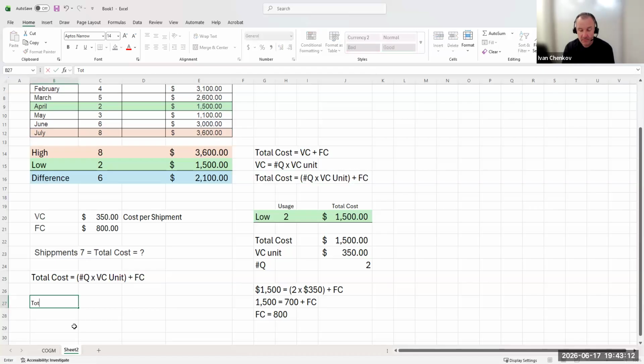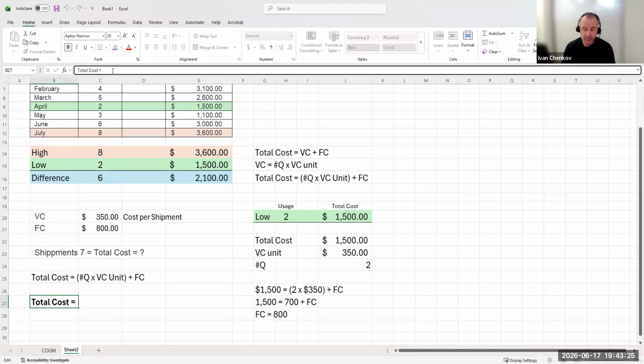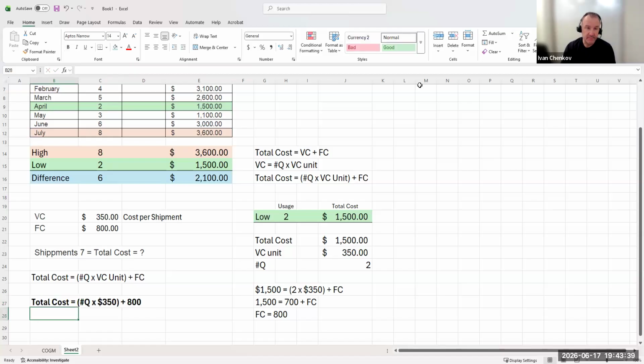My total cost based on the high-low point, and when I'm using the high-low point, always and always will be equal to the number of units, number of shipments in this case, that I'm going to make, times $350 per shipment, plus the fixed cost, which is $800.